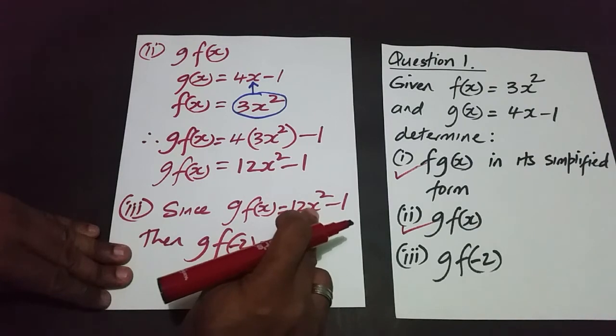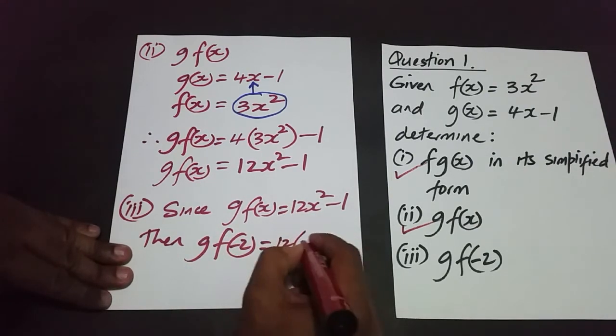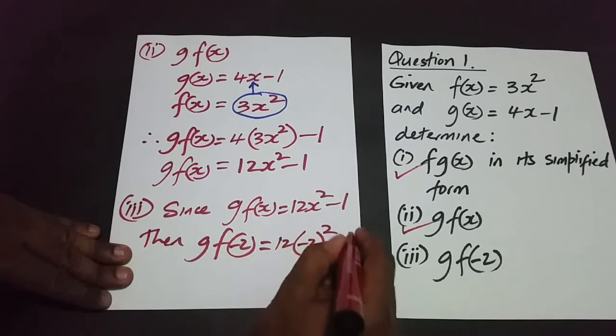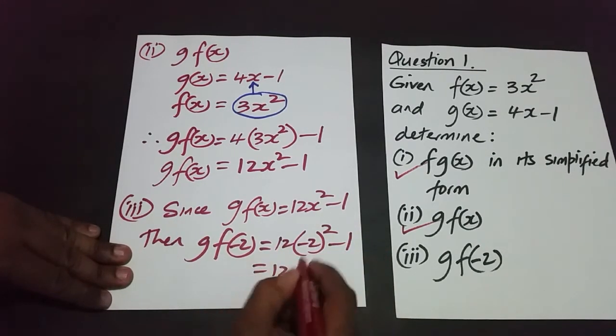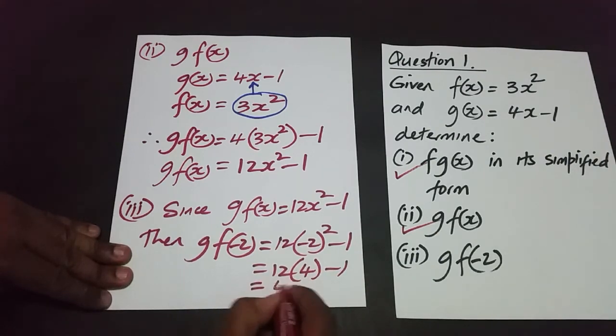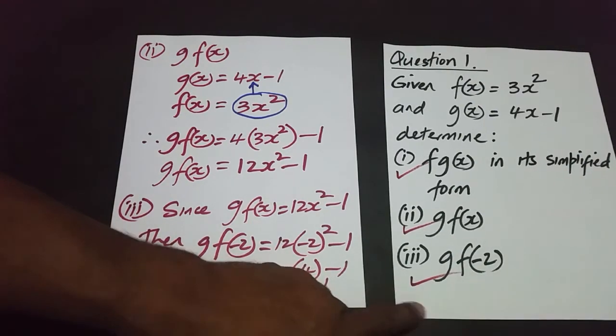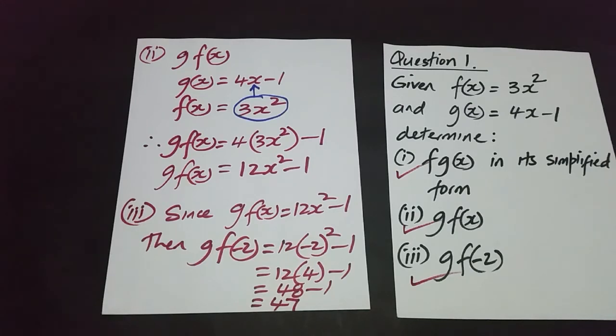So all I'm going to do here is replace x with negative 2 in this function. So it will simply be 12 times negative 2 squared minus 1. Negative 2 squared is 4. And 12 times 4 is 48. And 48 minus 1 is simply 47. And that is what g of f of negative 2 would be equal to.